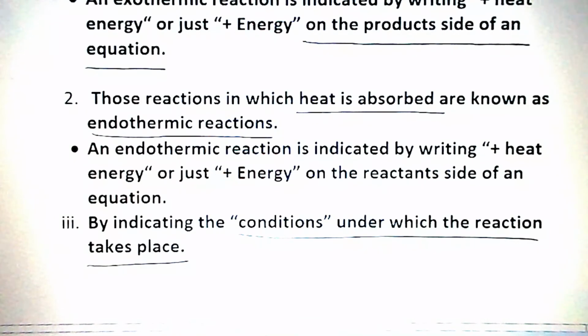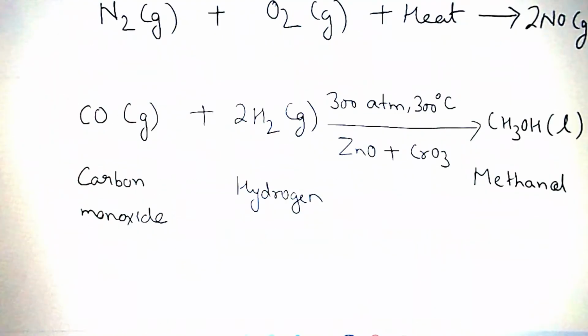A chemical reaction needs some conditions to take place, for example, when carbon monoxide reacts with hydrogen, then it gives methanol. For this reaction to take place, a pressure of 300 atmosphere, which is written as atm, with the temperature of 300 degrees Celsius, and a catalyst, which is a mixture of zinc oxide and chromium oxide, is given in the reaction, then only the reaction is completed.